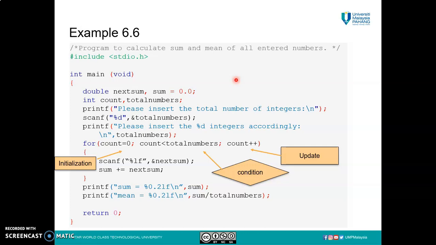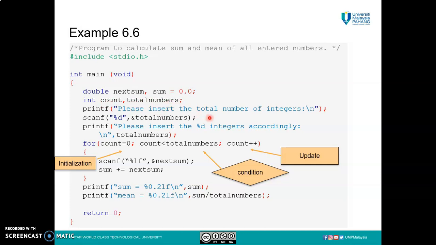Let's go to example 6.6. This example is a program to calculate the sum and mean of all entered numbers. If we look at this code closely, we can see that we have 4 variables, and there are two important variables that relate to the for loop: the integer count and the integer total number.